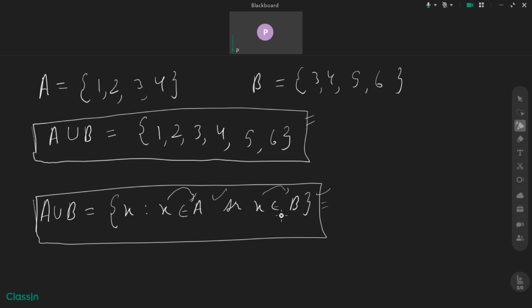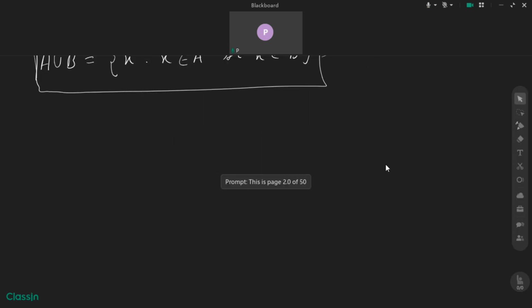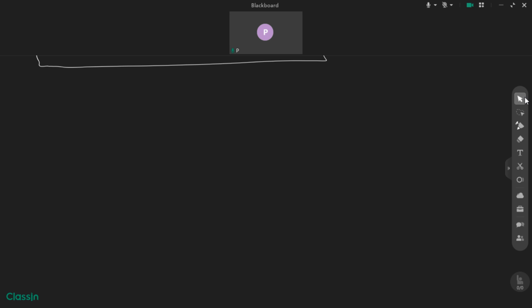Now let us see some properties of union of two sets.